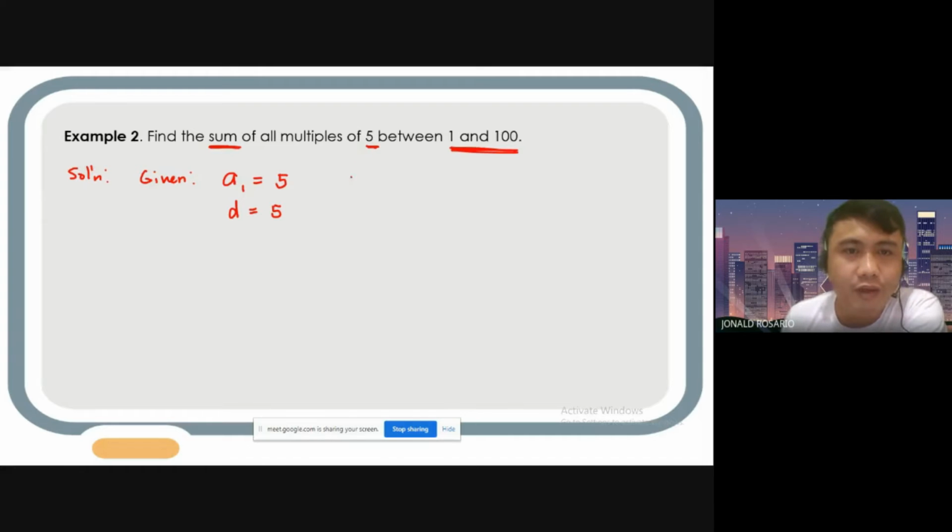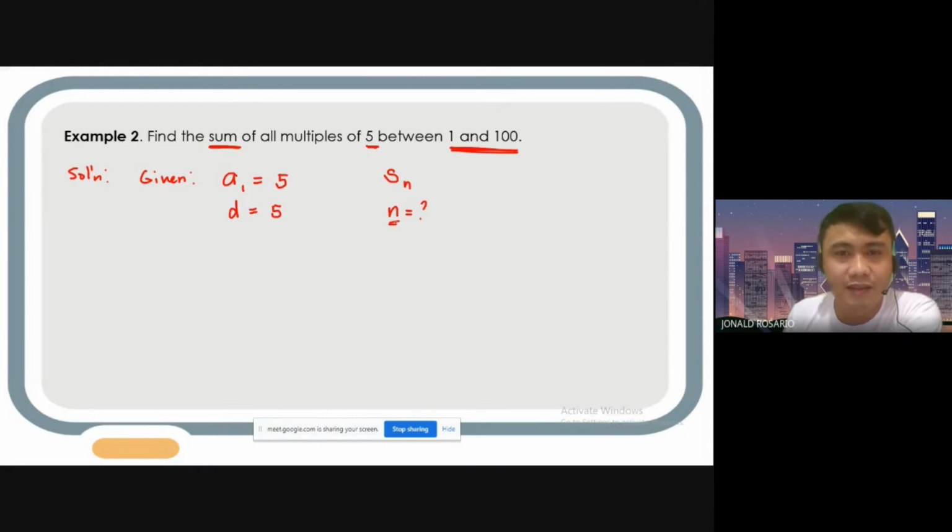And we're looking for the sum S sub n. Ang problema, hindi natin alam si n. So meron tayong problema.